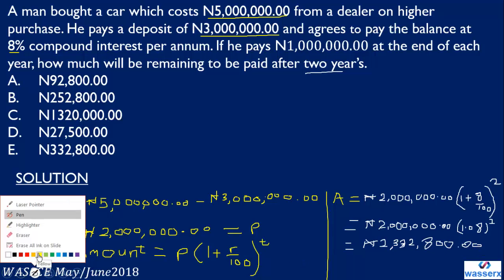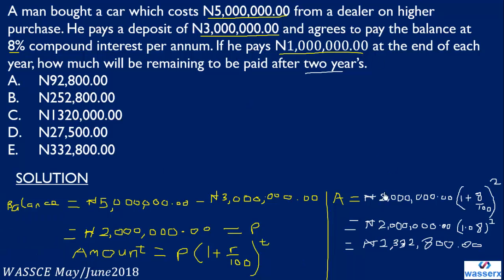So when he pays 1 million at the end of each year, then he will be paying 2 million at the end of the 2 years. So at the end of the second year, you'll be paying 2 million naira.